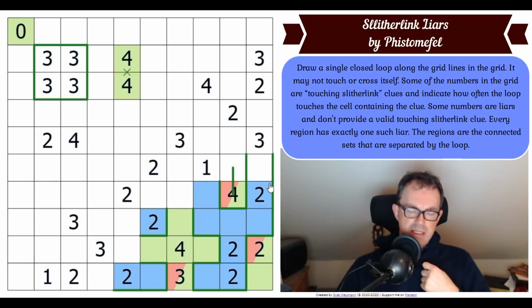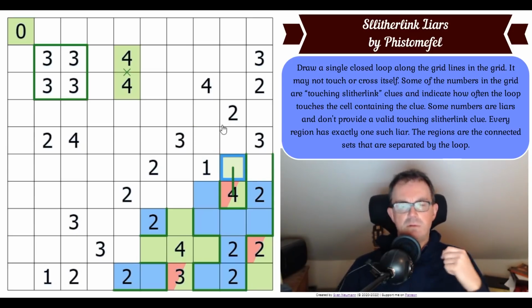That would mean... What would that mean? Are we then having to ask questions about this 3 clue? Let me just think about that for a second, because that's now a green clue.